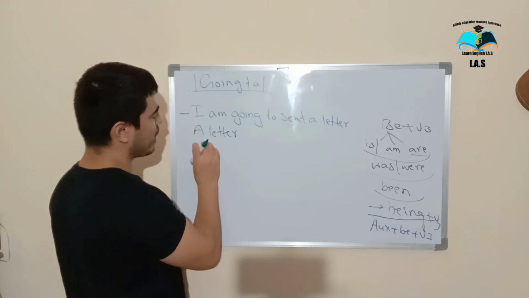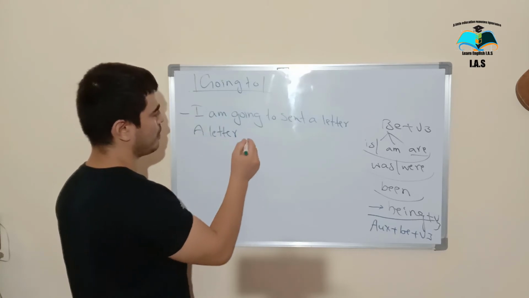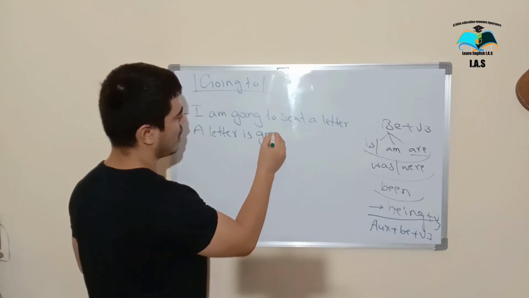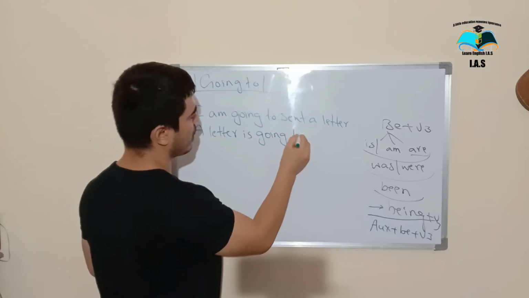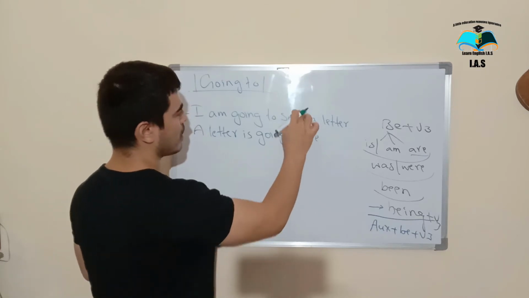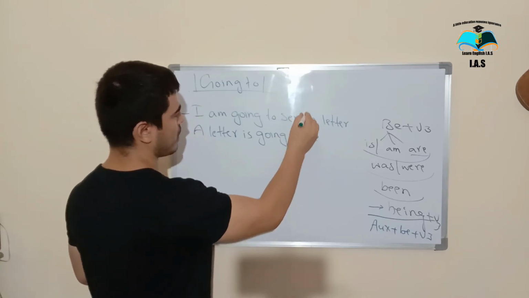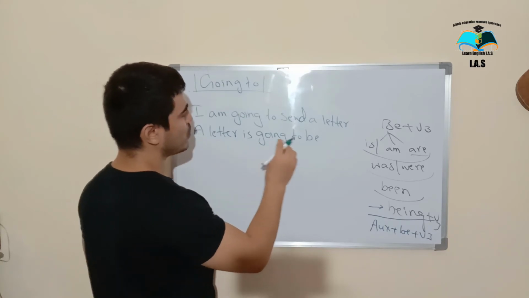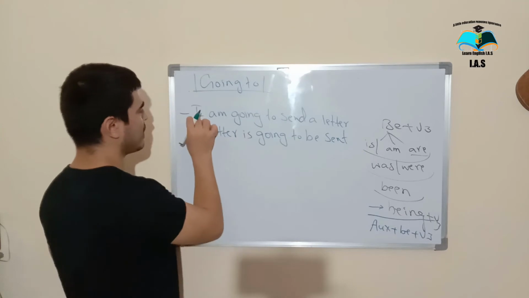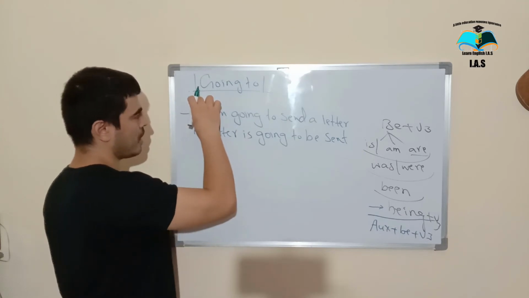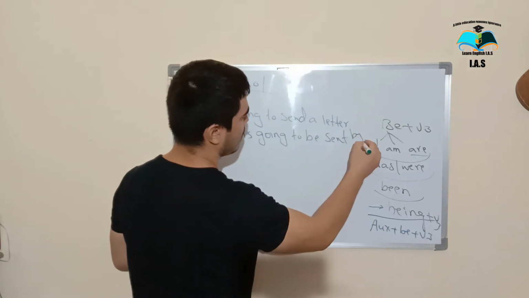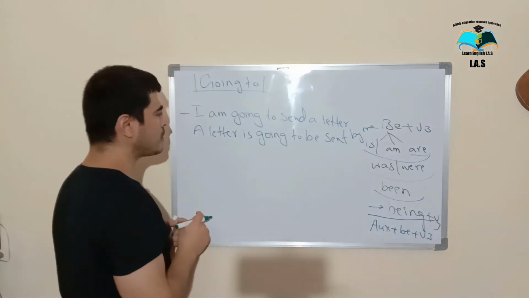A letter, according to the subject, we are using to be. A letter is going to be sent, right? A letter is going to be sent, but in fact, this is the subject here. If you change it into the object, I can use by me, right?